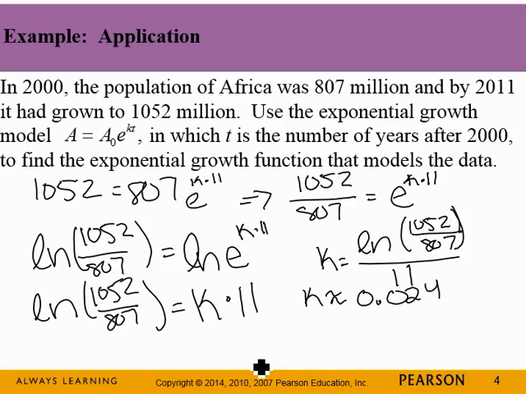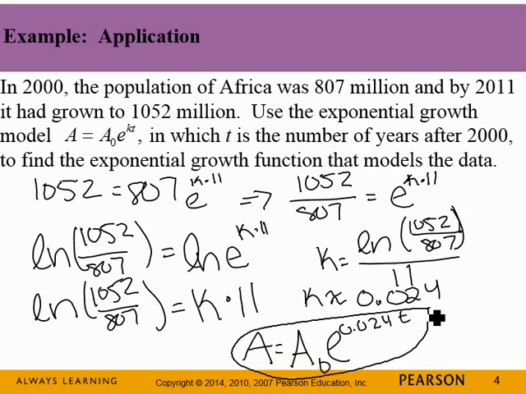So the equation, or the k that you now have, is A, the original A, e to the 0.024t. So that is the new growth function for that part. So that's your equation with your k in it.